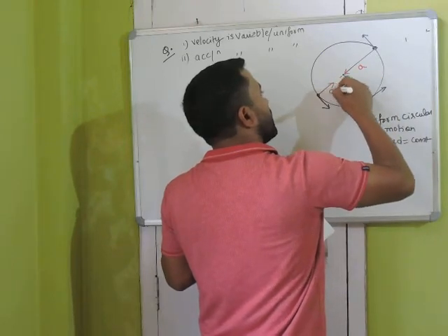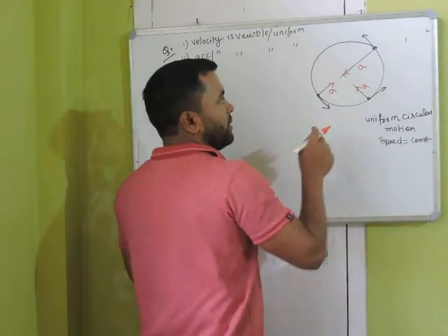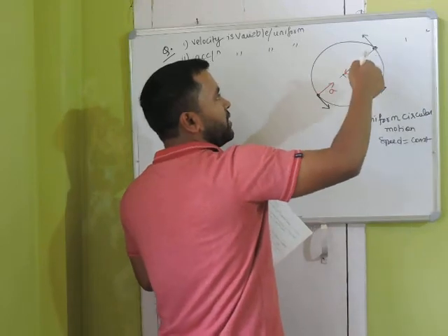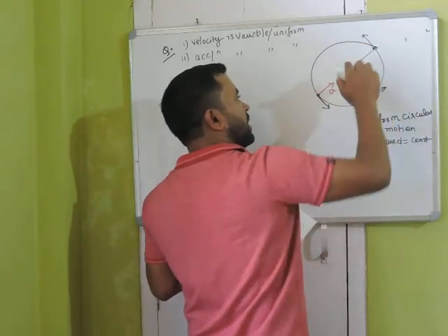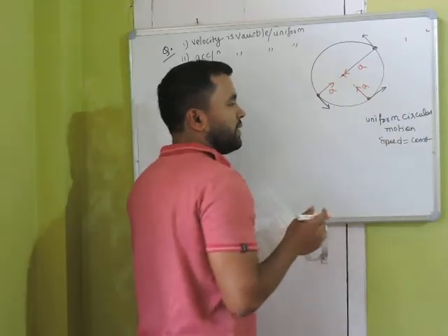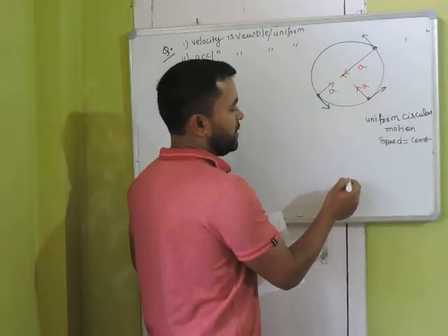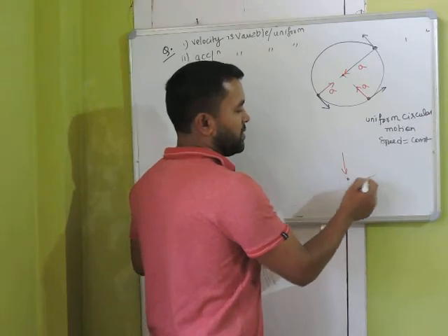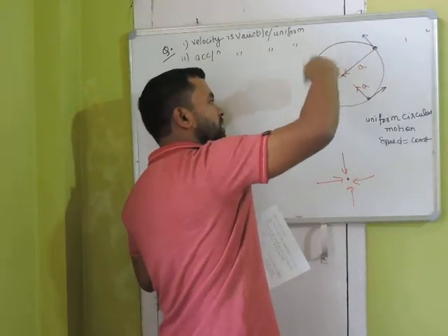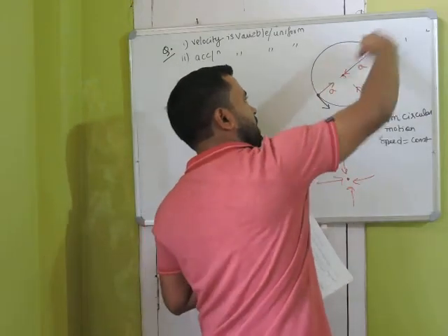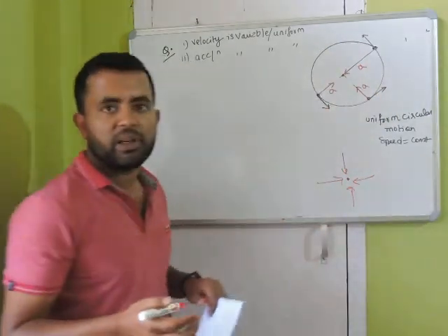The acceleration direction is also changing. Of course it is pointing toward the center, but if you have a center, there are many possible directions to reach it. So acceleration always points towards the center, but its direction is like this, then like this, so it is again variable, it's not uniform.